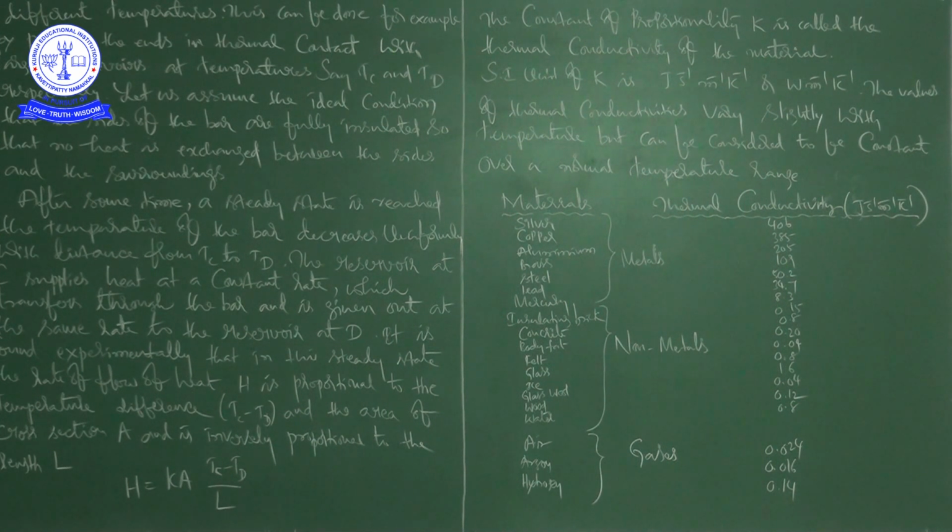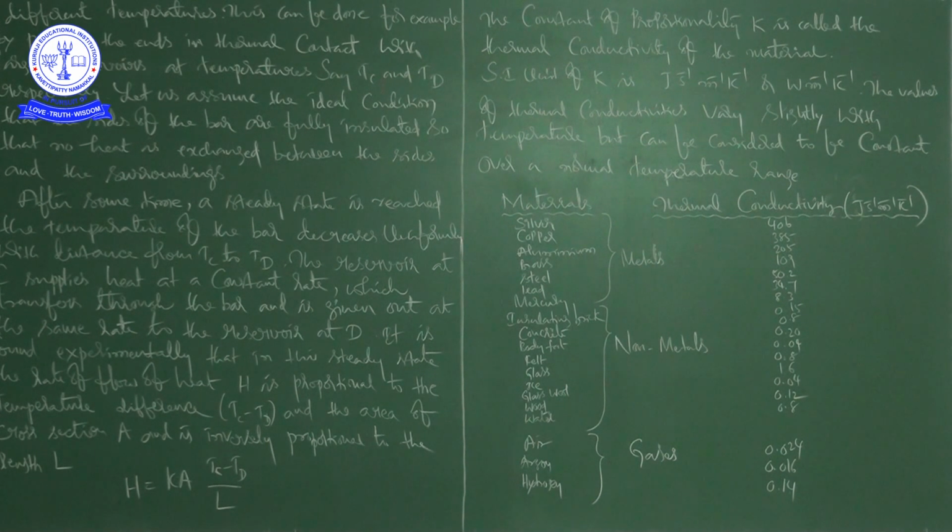When you heat one end, the heat energy is transferred from one molecule to the neighboring molecule, and so on. Without changing the position of the molecules, heat is transferred from one part of the body to another part. That is what you call conduction.